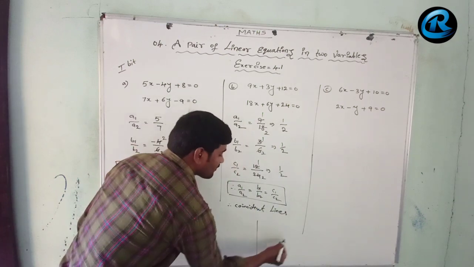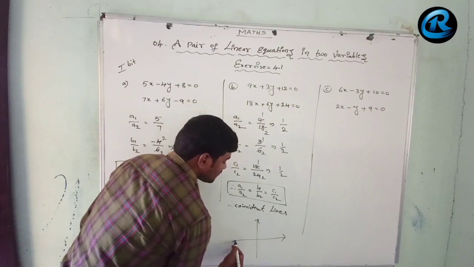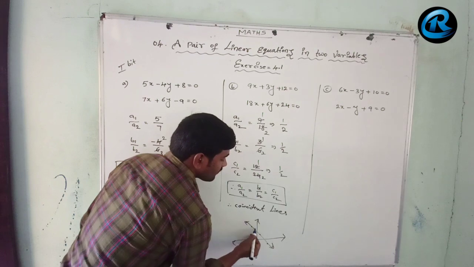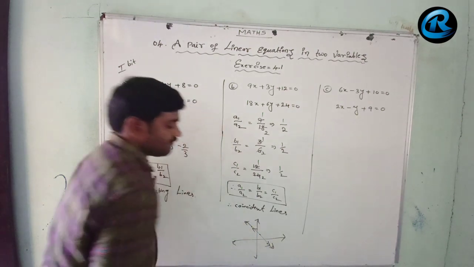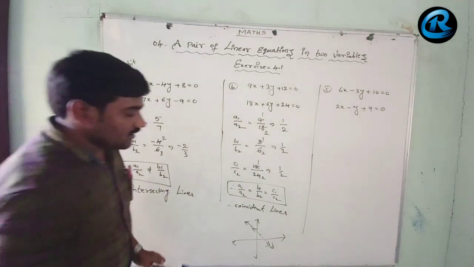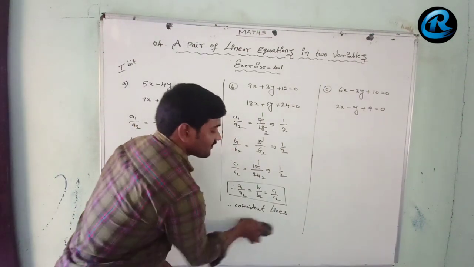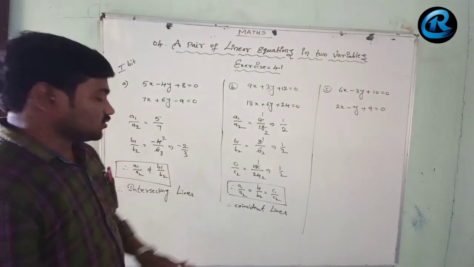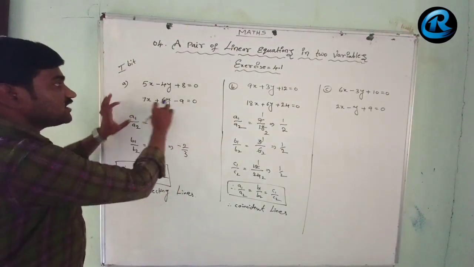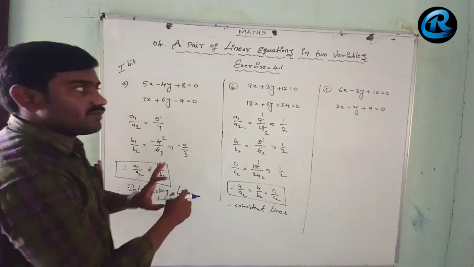Coincident lines in the sense the graphical representation you are going to get is like this: how one line comes, the other line also lies on the same line. Here we need not find the solutions of x and y because every point is a solution. Only in the case of intersecting lines we have to find the x value and y value by the elimination process.